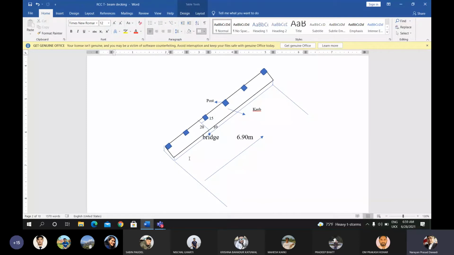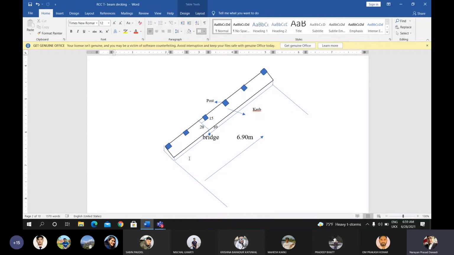Okay. Horizontal side 20 plus 15, and the vertical side will be 10 here. So the total surface area will be 35, 0.35 into 0.10 into 6.9.